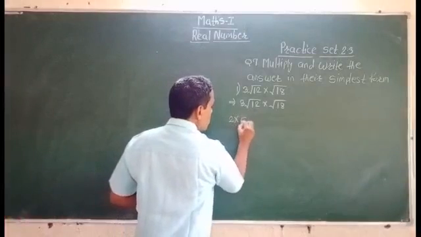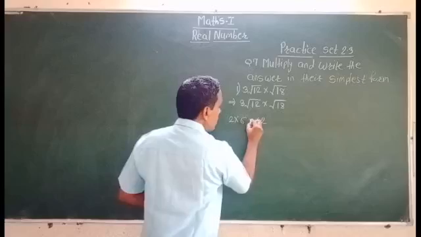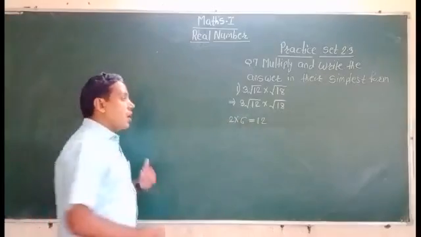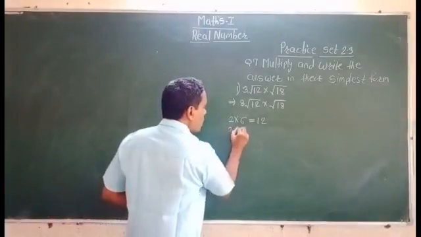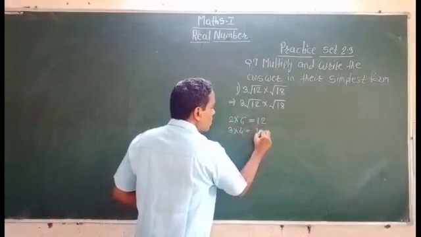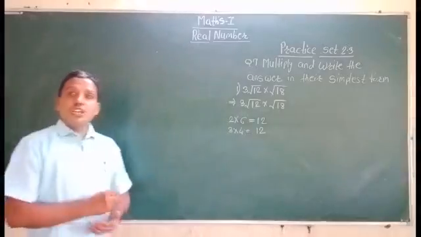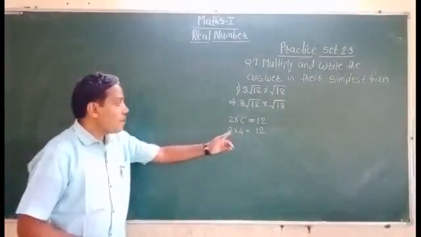So how can we get it? 12 comes in the row of 2: 2 into 6 is 12. Again 12 comes in the row of 3: 3 into 4 is 12. So these are the prime factors.